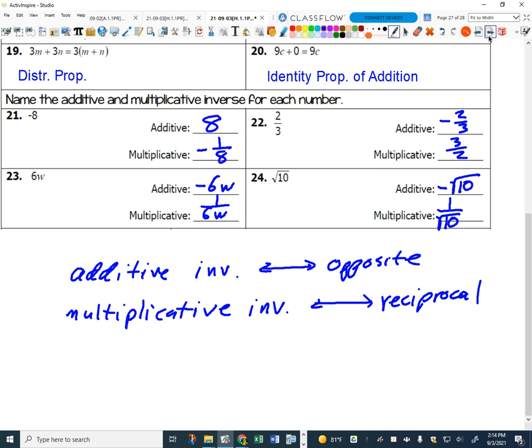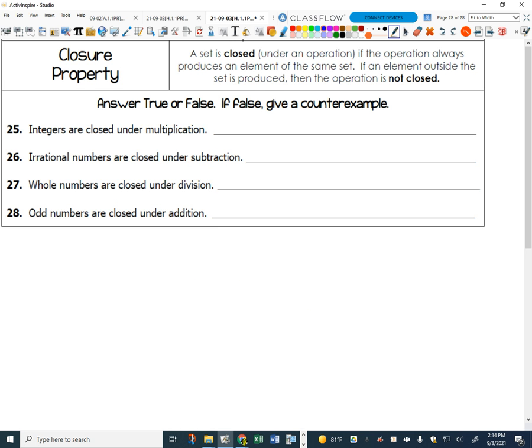Okay, one other thing I'm going to do with you guys with the honors class, I want to show you another really cool property. It's called the closure property. So here's how closure is defined. You always ask the question, is a certain set closed under a specific operation? So it always involves a set and an operation.